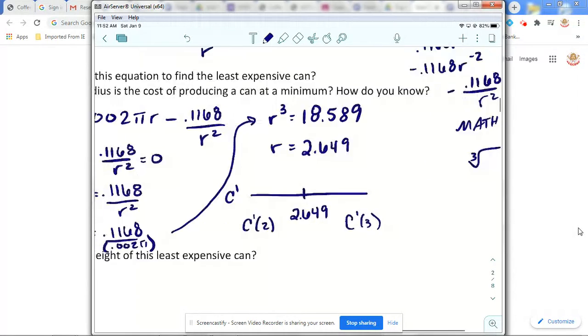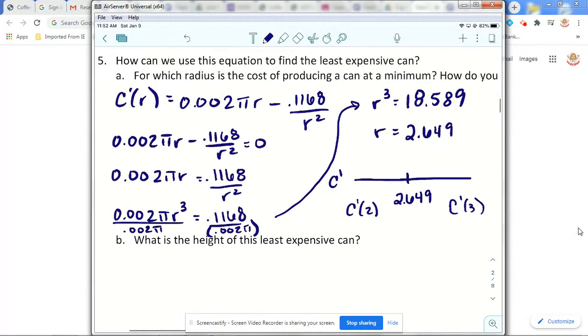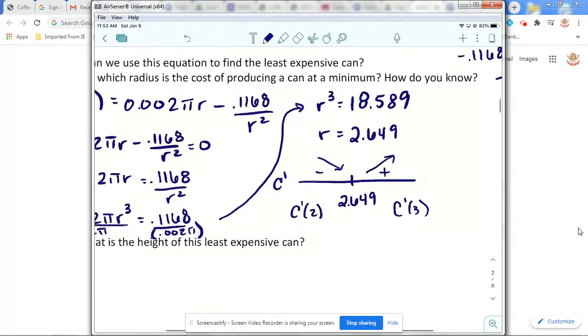And so we are plugging those into the derivative. When you plug in 2, you are going to get a negative. And when you plug 3 into the derivative, you're going to get a positive. And when the first derivative changes from negative to positive, it does create a relative minimum. So that's how we know.